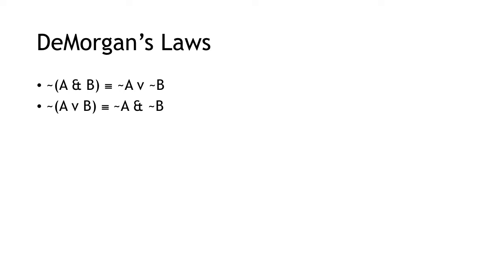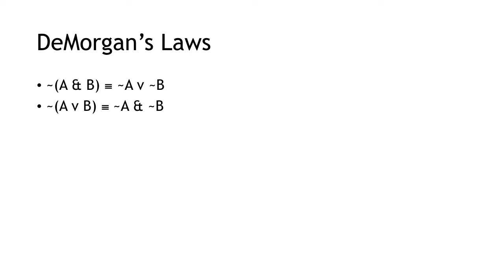So from the fact you have not (A and B), you also know that not A or not B is true. The second De Morgan's law says not (A or B) is equivalent to not A and not B, right? If you have one of these statements, you can use De Morgan's law to get the other one. That will be useful sometimes. I'll show you guys how.